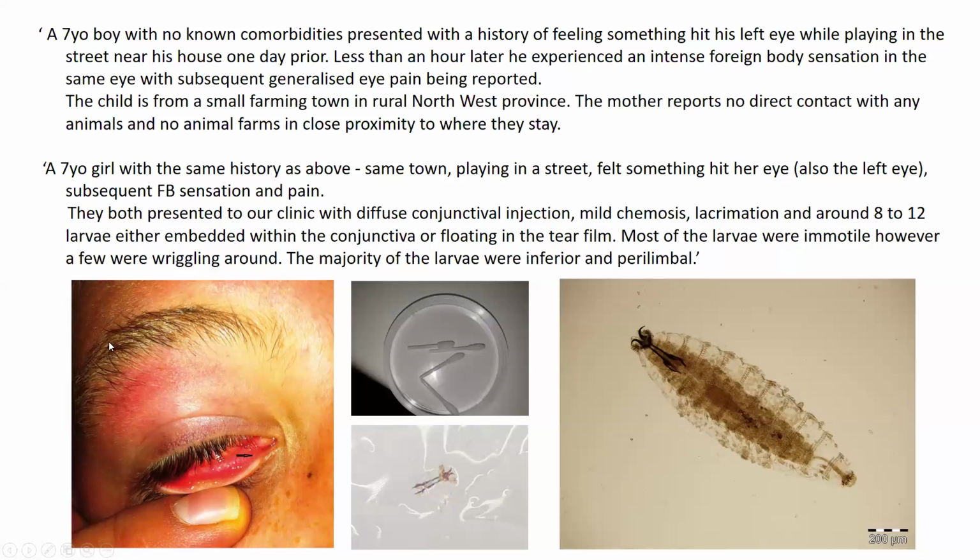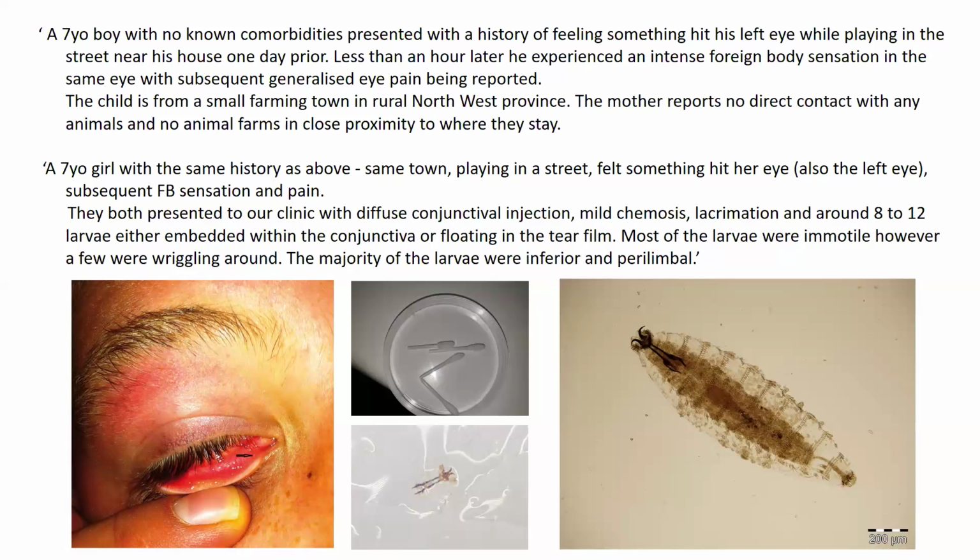All right, so moving on, these are a couple of cases sent to us by an eye clinic in a rural area. Two children, both 7 years old, who'd been playing in the street, the same street. They both felt something hit them in the eye and then experienced irritation and eye pain.